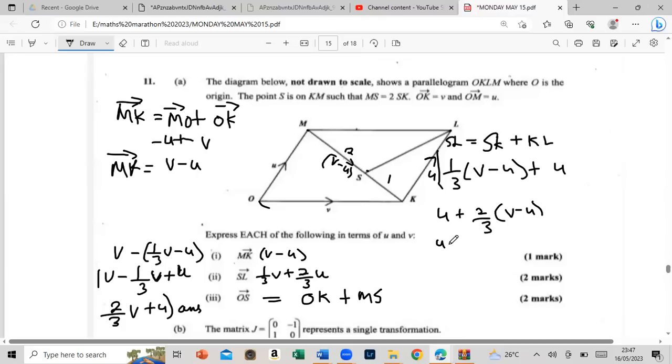It's going to be U plus 2/3 V, and then positive times a negative, minus 2/3 U. So this now is going to be U minus 2/3 U, which is 1/3 U, plus 2/3 V. So if you take that, it would have been a different route, but it would also be correct. And that would settle it basically.